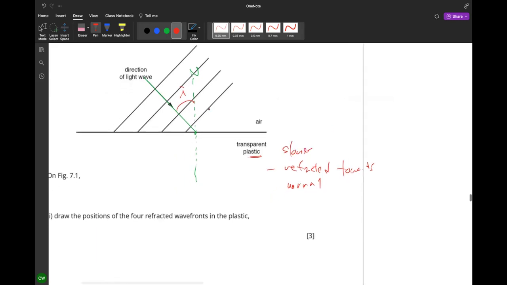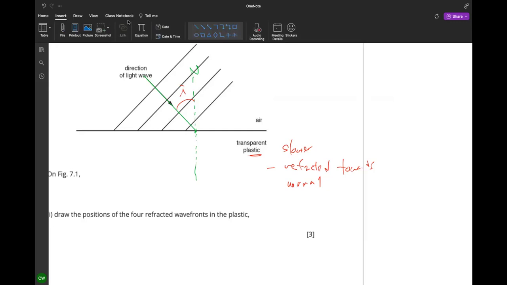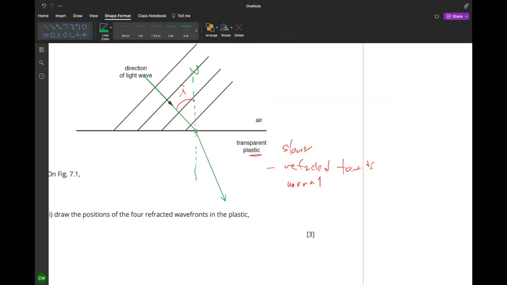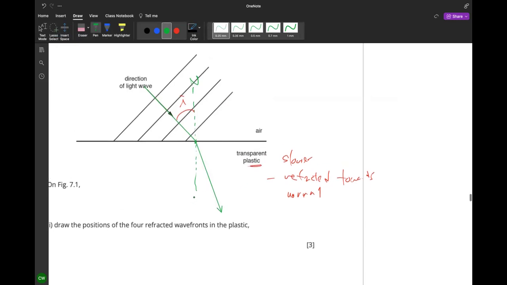It means the ray will be closer to the normal. You have to see the arrow first. After it becomes closer, can you see that the angle is smaller? Okay. So you need to base on this.